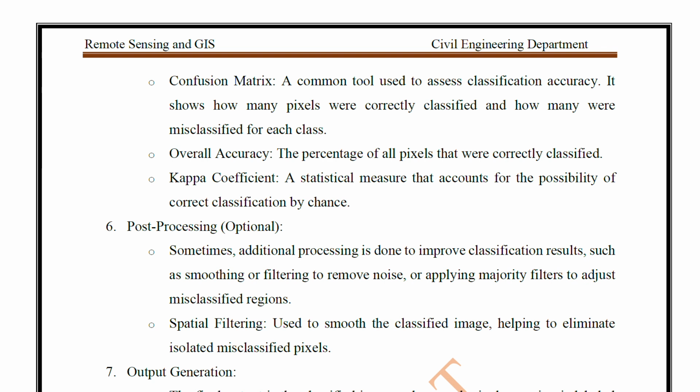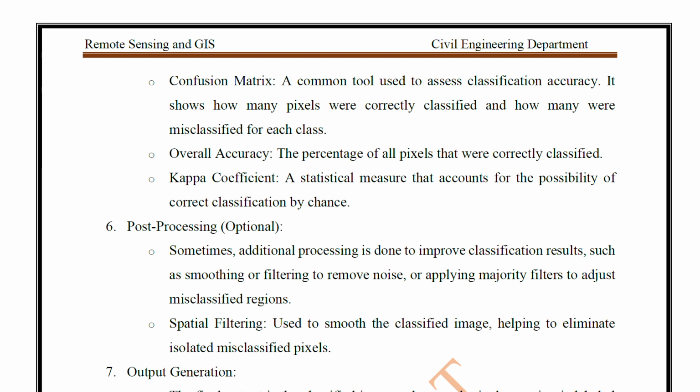Overall accuracy is the percentage of all pixels that were correctly classified. There is also the kappa coefficient, a statistical measure that accounts for the possibility of a correct classification by chance. So we can see these things during the analysis process in ArcGIS software.